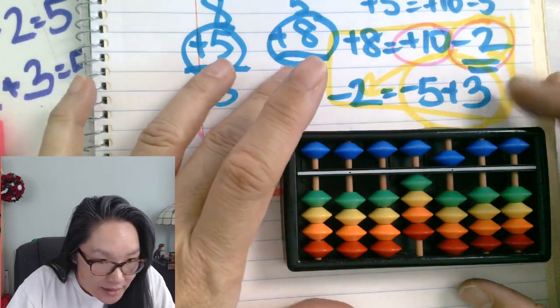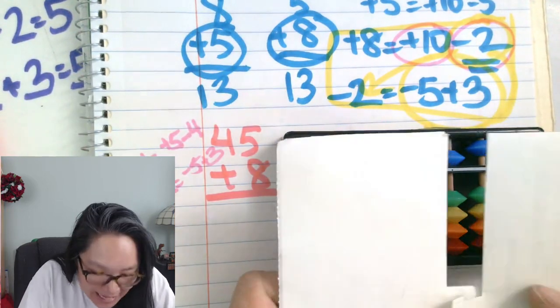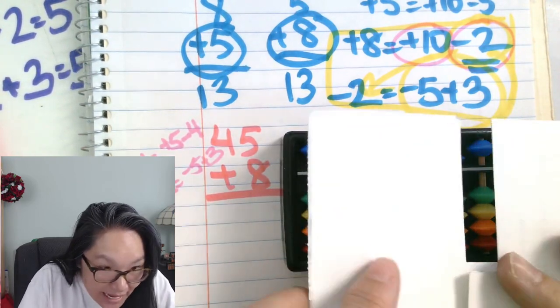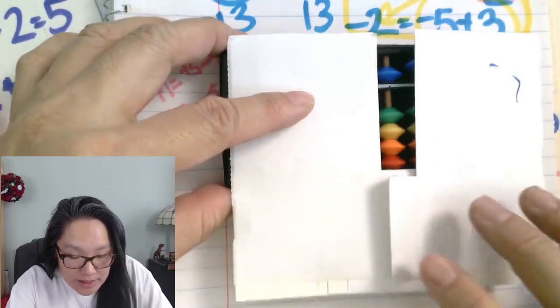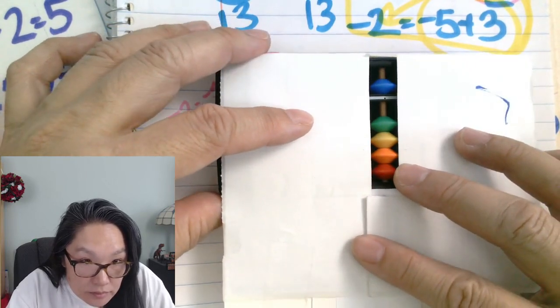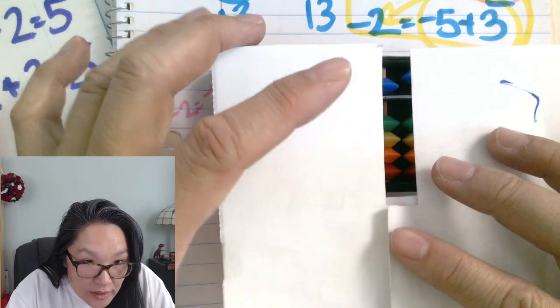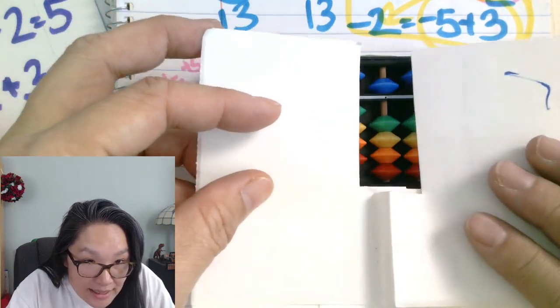So, David, we want to add the 8. When we add the 8, we want to add the 8 here. Does that make sense? Okay, let's go step by step. We want to add the 8 because we have 45. So we want to add the 8 to here.